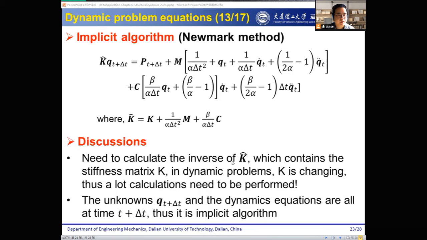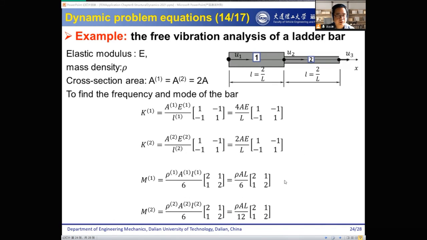Okay. So in the end, let's have a look at an example, the free vibration of a bar. In the free vibration analysis, we want to calculate the natural frequency and the vibration mode of the structure.